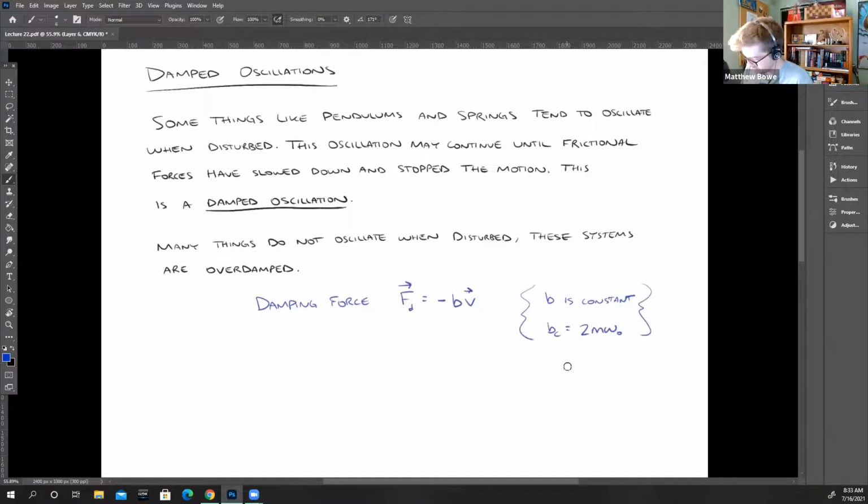There is a critical level where the thing itself turns from a gentle oscillation until it stops into something that, if I stretch it out, will just slowly return to its original position.